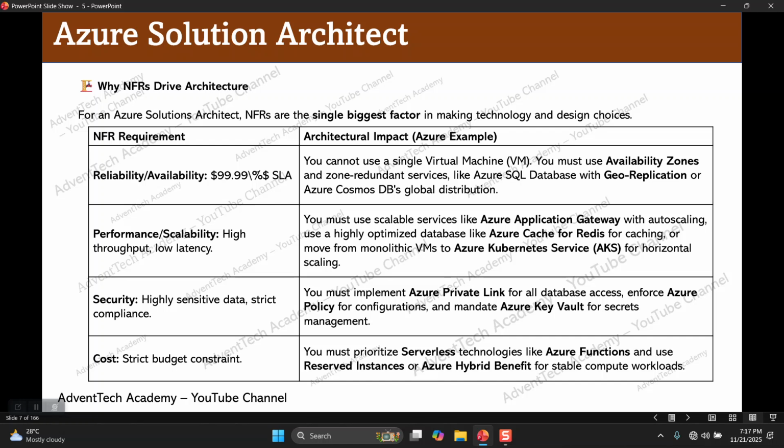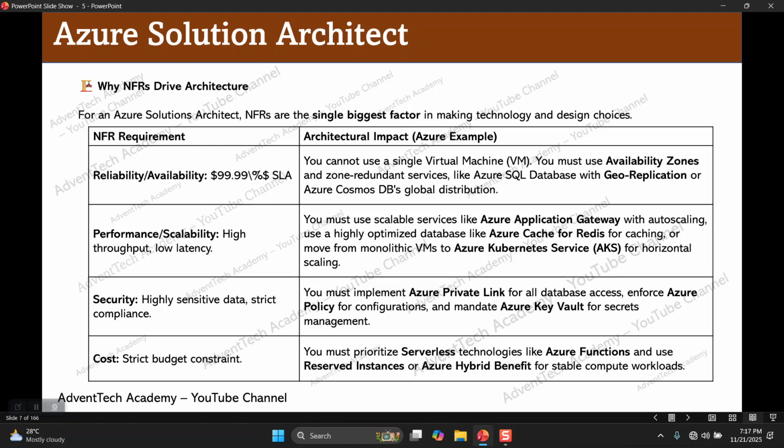Let us consider the first NFR, reliability and availability. Reliability requires that the cloud apps and servers should be available at four nines, 99.99. That is the SLA. What is the architectural impact? You cannot use a single VM.